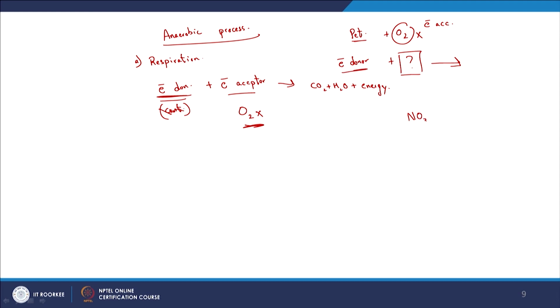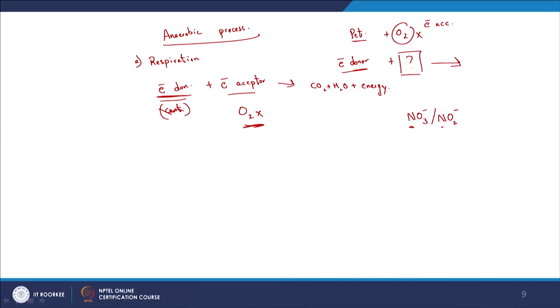Typically you have nitrate or nitrite. Oxygen is relatively more electronegative. That is why nitrogen in these forms is relatively more oxidized, and then you can look at ferric iron, Fe3+, which is also in its oxidized form.